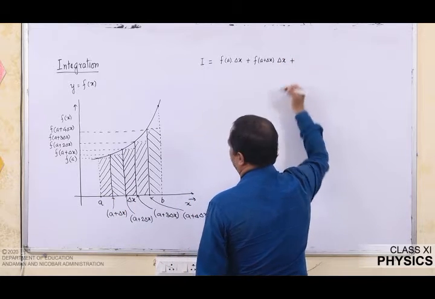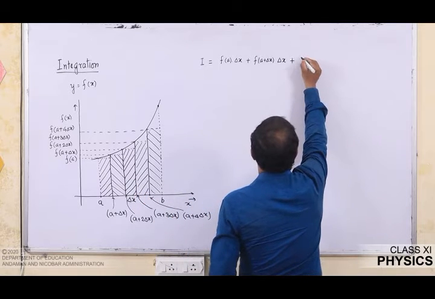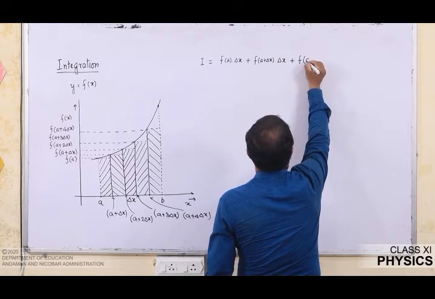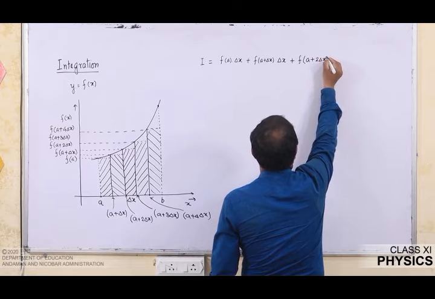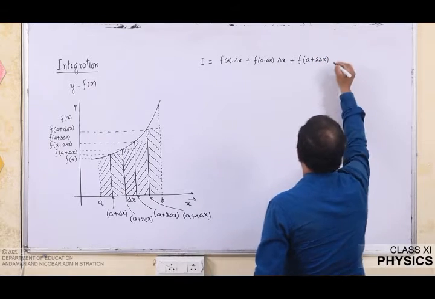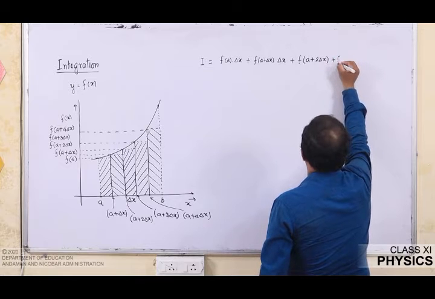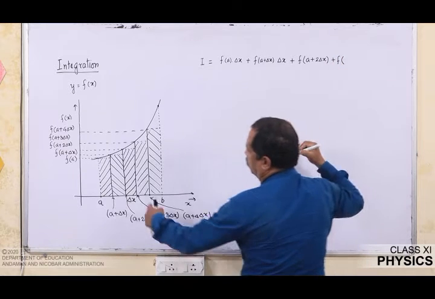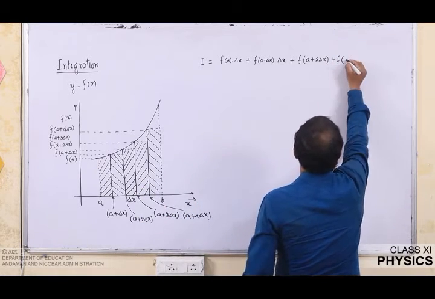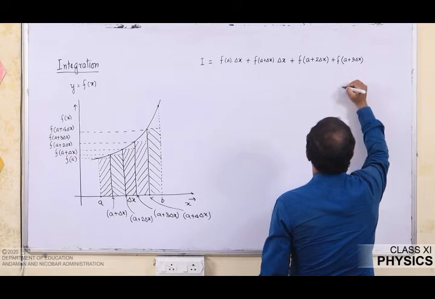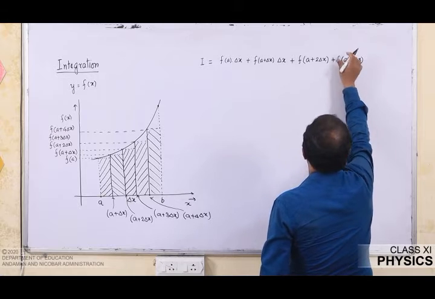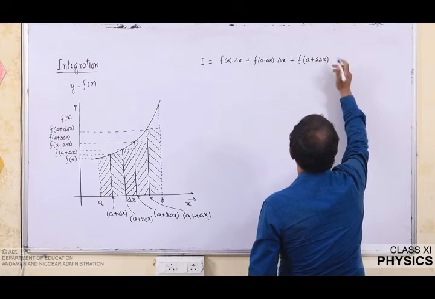Plus, if I look for the third strip, I hope you are following, this is f of a plus 2 times del x. Plus for the fourth strip, it is f of a plus 3 times del x. Here I need to multiply the width also.